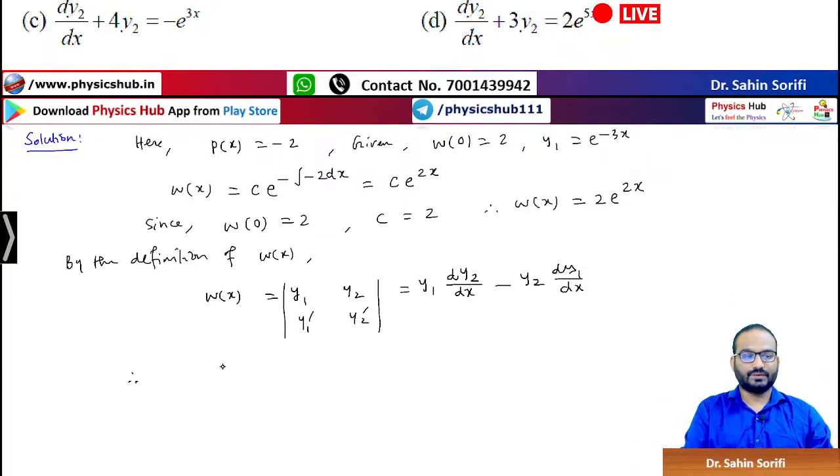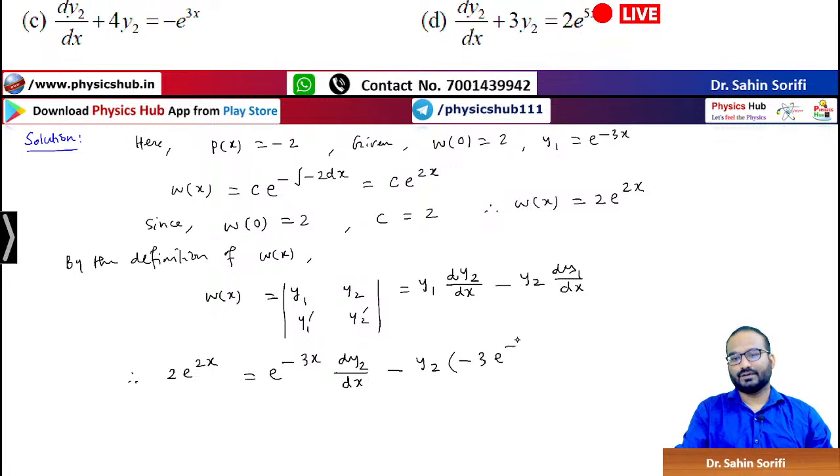This is 2e to the power 2x. y1 is e to the power minus 3x, so e to the power minus 3x dy2 by dx minus y2 dy1 by dx, which is minus 3 e to the power minus 3x.